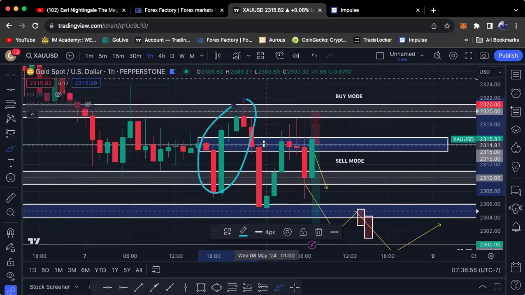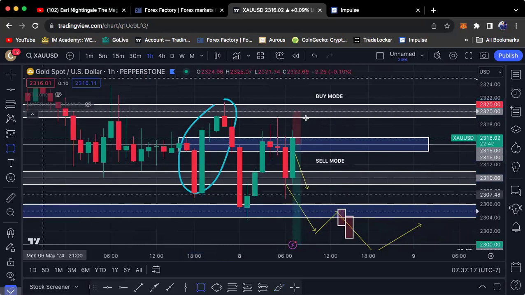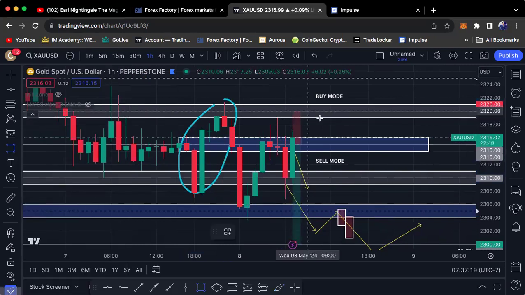History repeats itself. You see the bearish candle here, and now the big impulsive move up, just like how I did here. If I see another bearish candle forming here, it wicks. Let me get my rectangle. It wicks here, right?